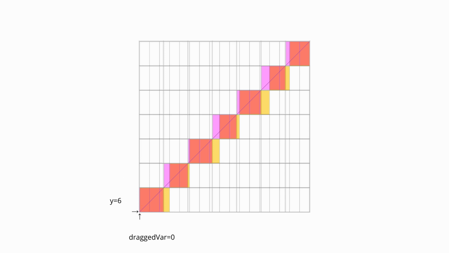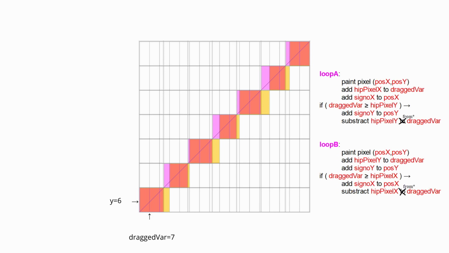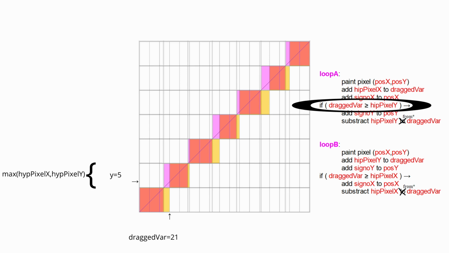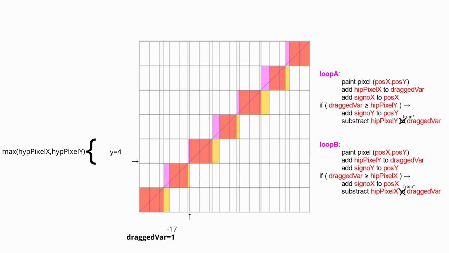So if I create a variable, dragged var, to accumulate the number of x prime elements, I can detect when the hypothetical pixel coordinate y changes, since I know that every hypixel y I'll be at a different y coordinate. This is for this example. If the line were wider than tall, the axes would have to be switched. That is, some y prime elements and change x every hypixel x.